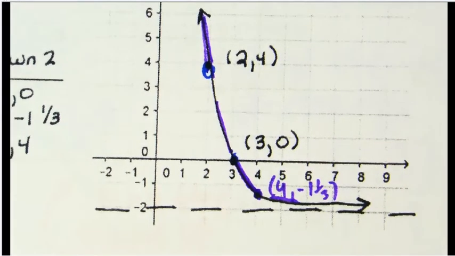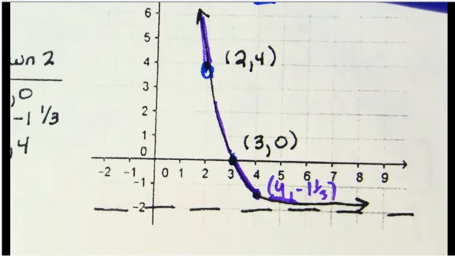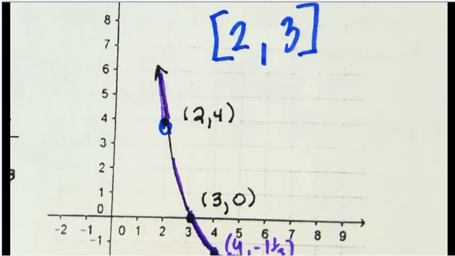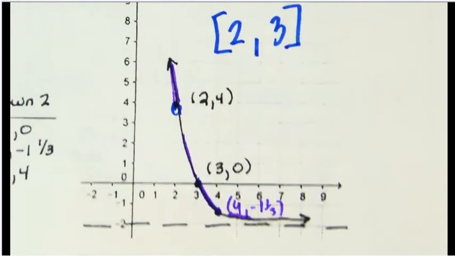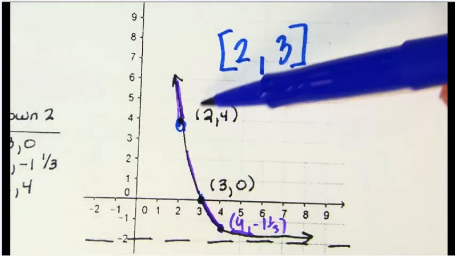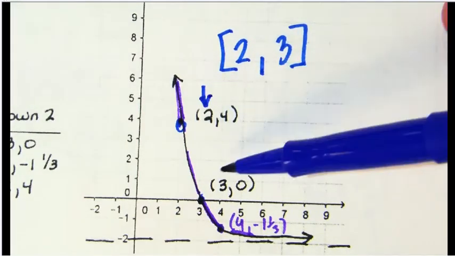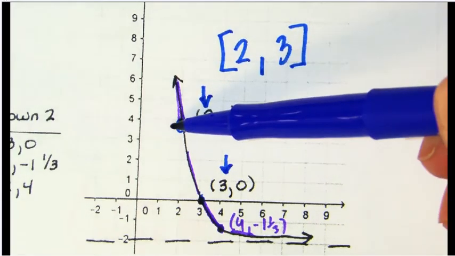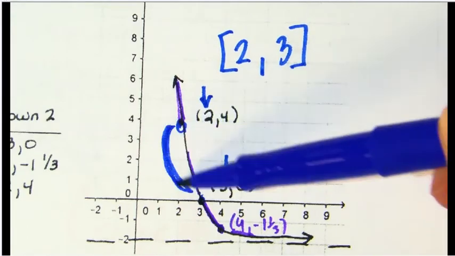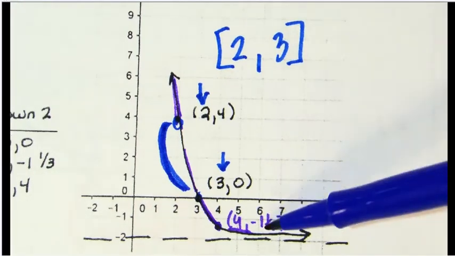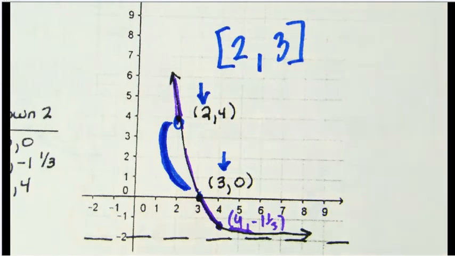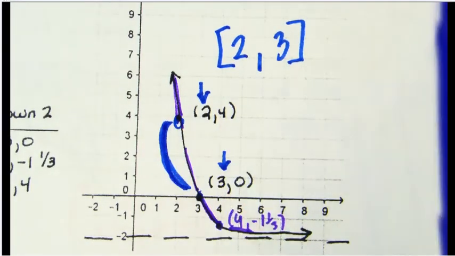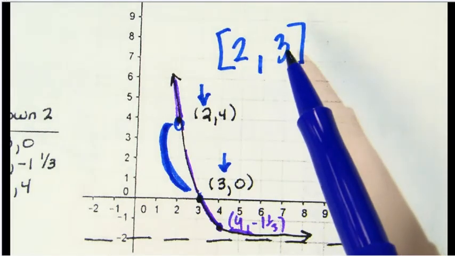If I said find the average rate of change and you saw that notation, that's telling you that I want you to find the rate of change from the point that starts with x equals 2 to the point that is x equals 3. So that means I want the rate of change from these 2 points. So you ignore the last one. Does that kind of make sense? Yeah. Okay, so you'll be given the points and then you'll be told which ones you need to compare.